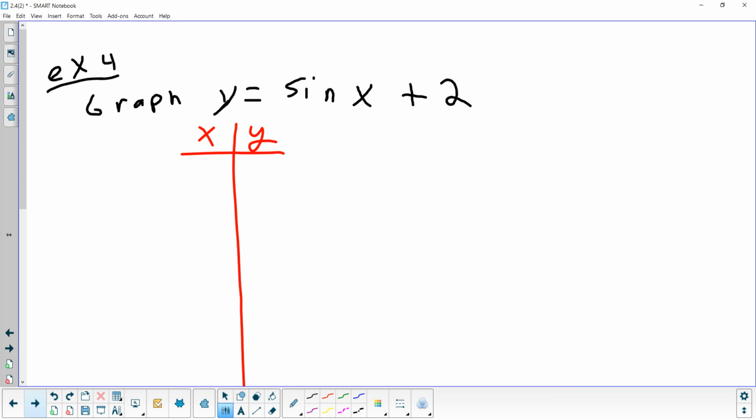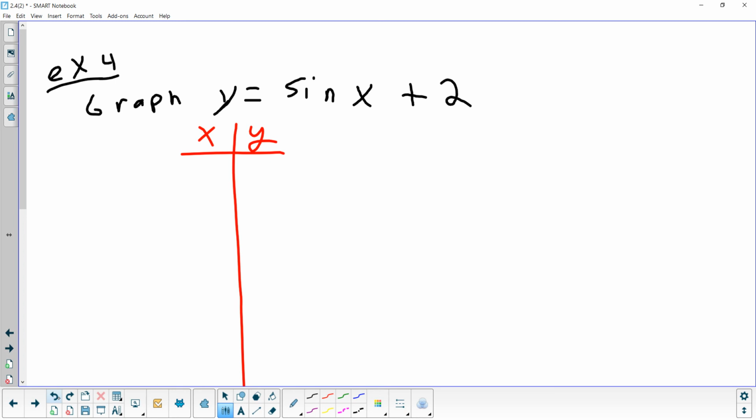The only way it can be a phase shift is if it is in parentheses with the x. This makes it a phase shift. That does not make it a phase shift. Doing something like that doesn't make it a phase shift. Kind of weird to put parentheses, but you could. The only way it's a phase shift is if the x and the 2 are together in parentheses. Anything else, like Don said, it's on the outside, it's a vertical shift.